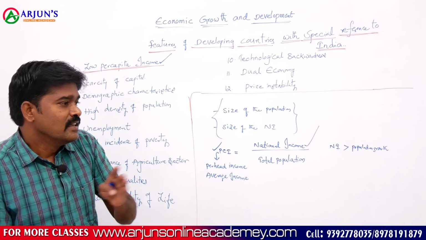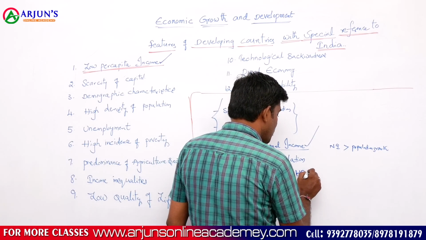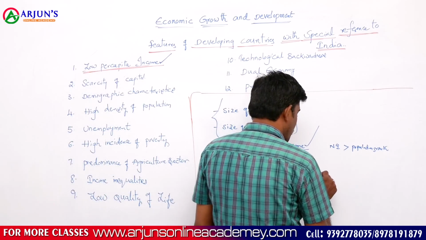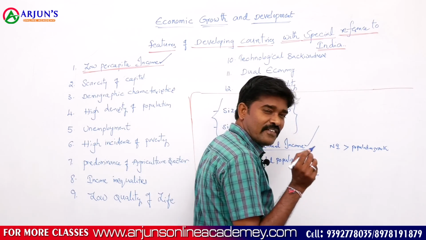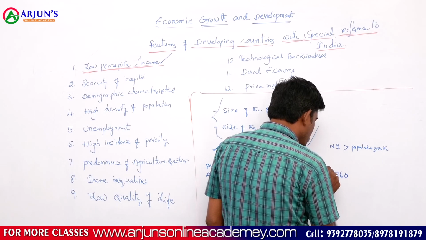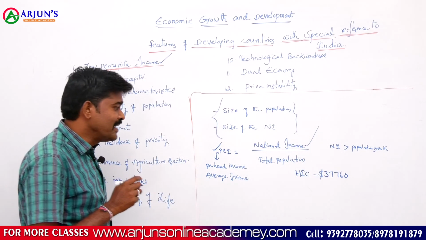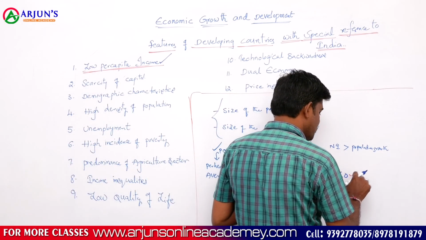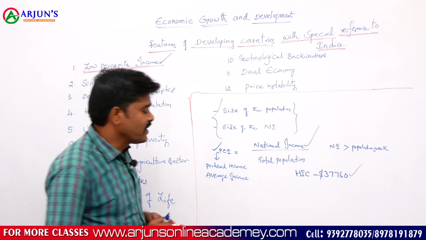We compare the per capita income of developed countries with developing countries like India and China. In general, high income countries have a per capita income in terms of purchasing power parity, GNI PPP, of 37760 US dollars. High income countries come under the category of developed countries.